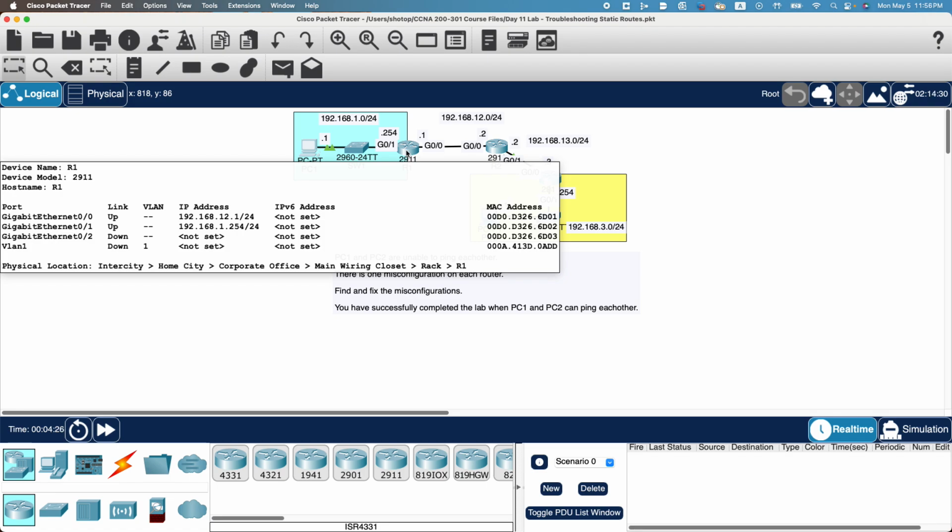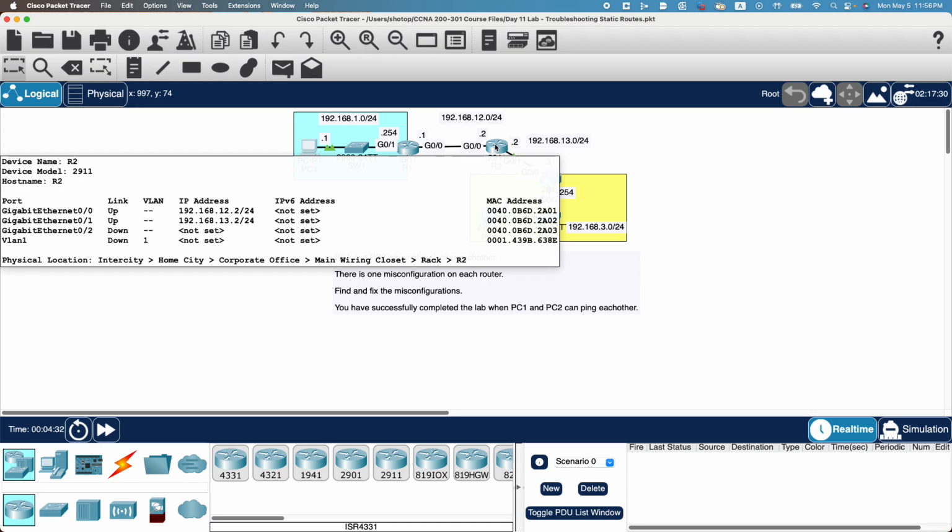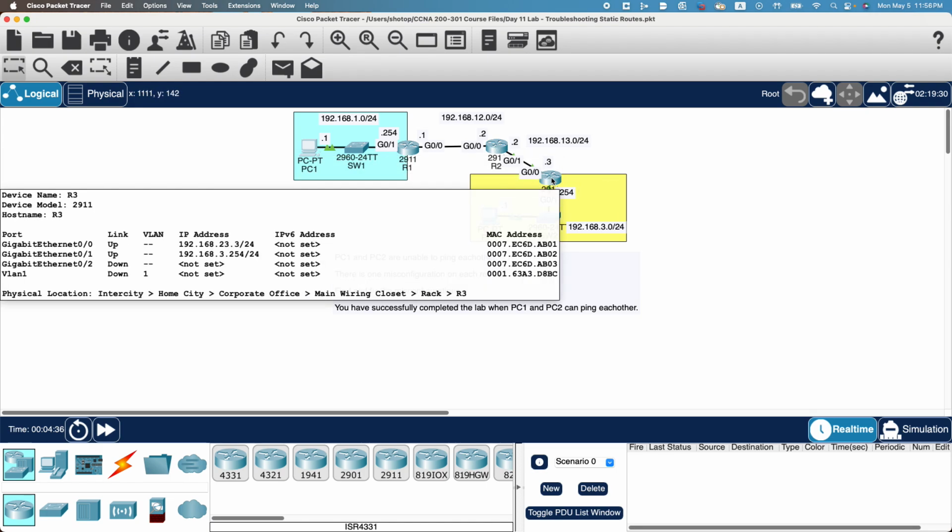So traffic should flow. That's one of the first things I want to look at. What about on here? Also up for the two ports, and also up here.